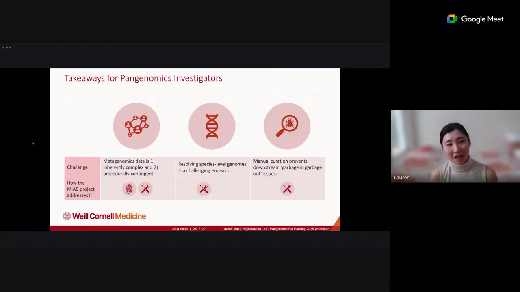And hopefully we have at least made resolving the species level genomes and the manual curation a little bit easier with the CAMP workflow that I've referred to a few times.